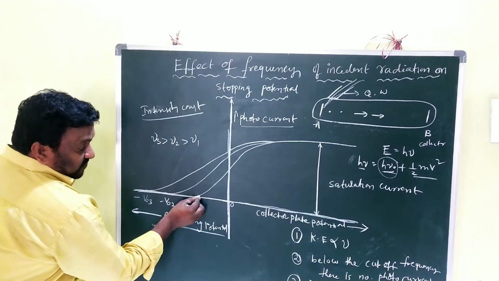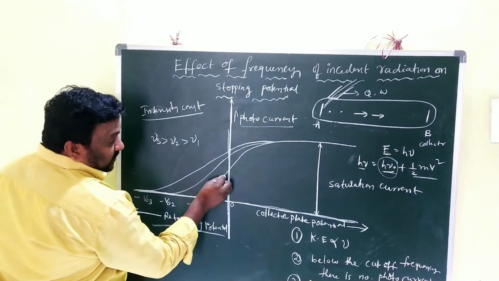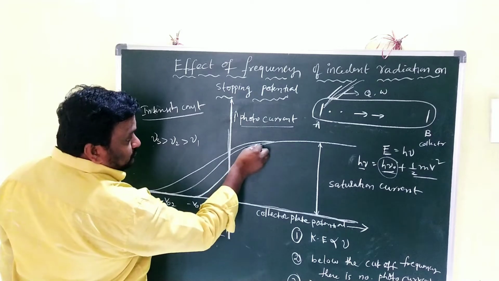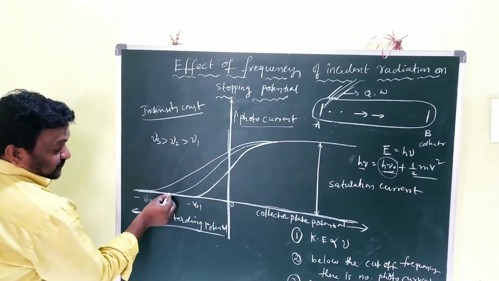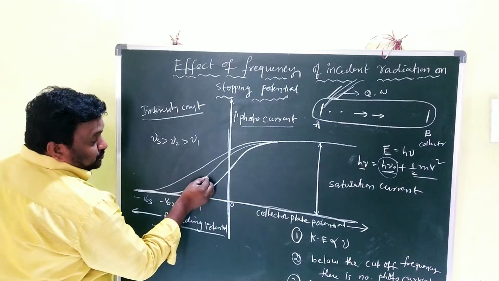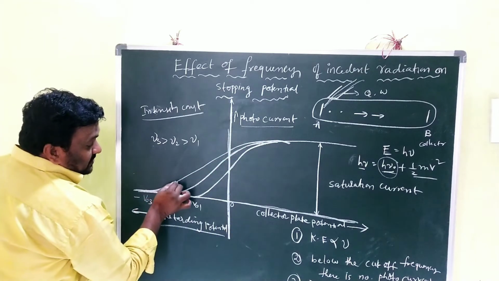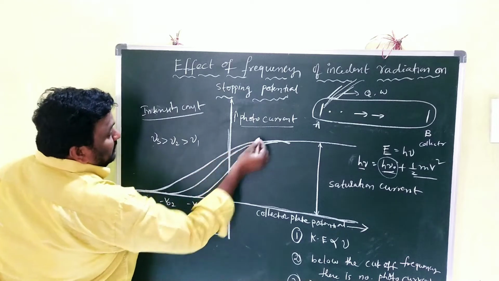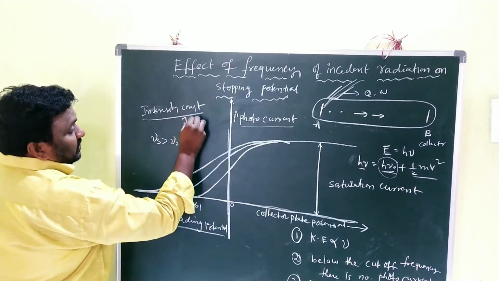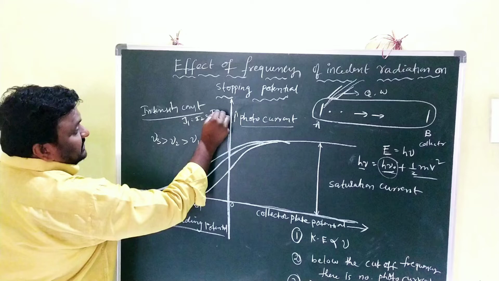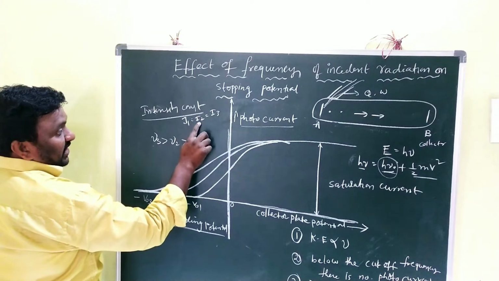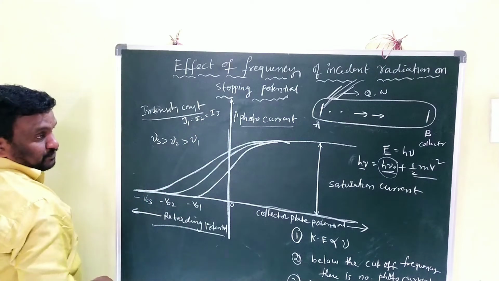So this is for I1, this is for I2, and this is for I3. All intensities I1, I2, I3 are the same.